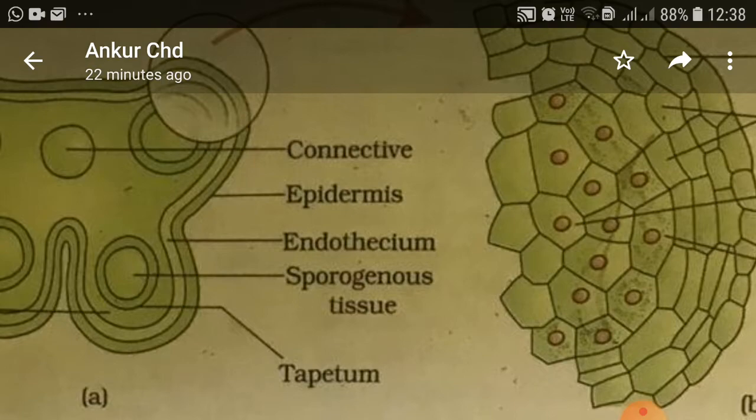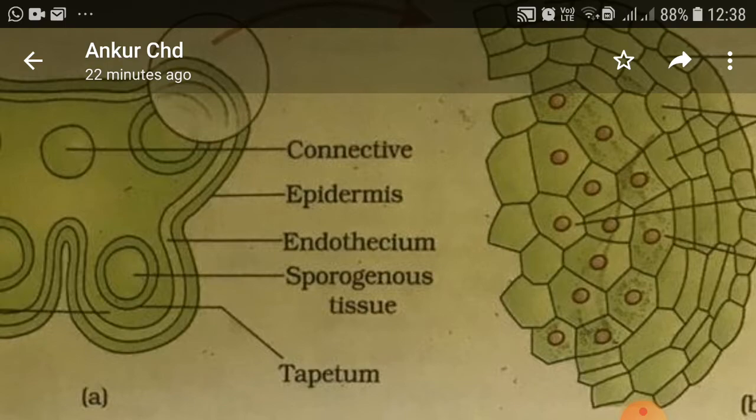Then a single layer of endothecium. The cells of endothecium possess fibrous thickenings. They remain thin walled and constitute the stomium. Stomium is the line of dehiscence from where the pollens will come out. Mature pollens are shed from the line of dehiscence.